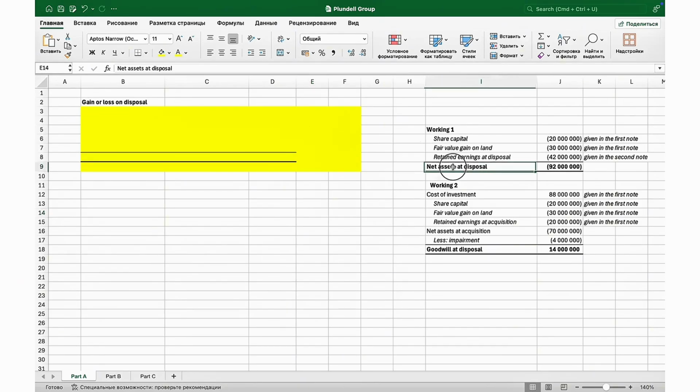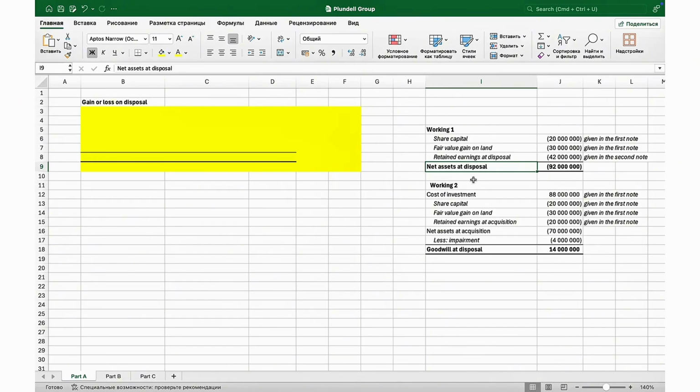To do that, we need to sum share capital, fair value gain on land, because it is still on the statement of financial position, and retained earnings at disposal date. So if we sum these figures up, we'll come up with net assets at disposal date.